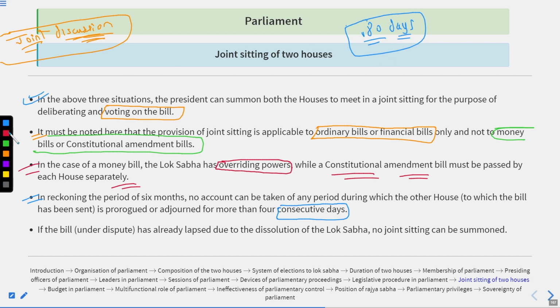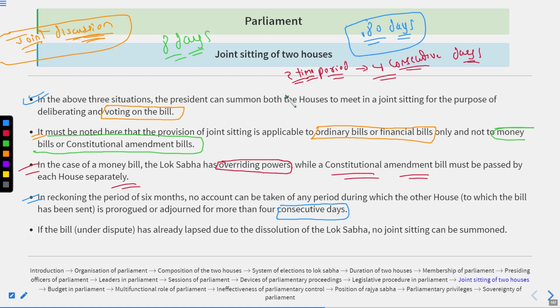And if during this time, suppose there are 2 time periods during which the house remains prorogued or adjourned for 4 consecutive days, these 8 days, why am I saying 8?